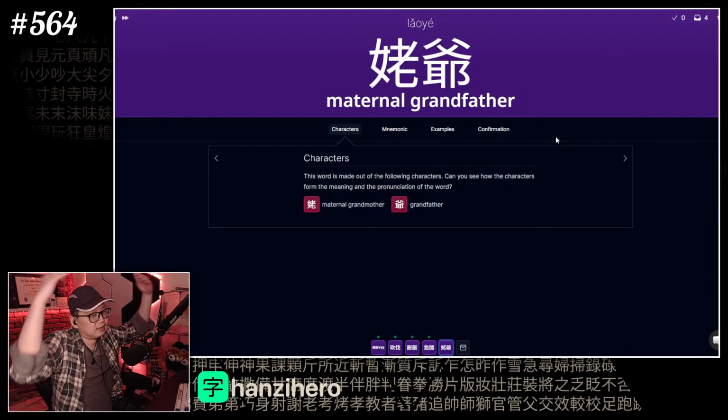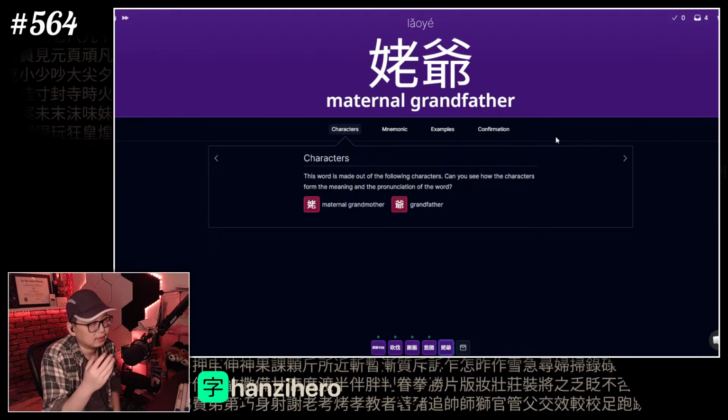It still makes sense the way it's written though, I think of something like a top of something. 老爷, oh no. Okay, hold up, Lao is grandmother, right, and then ye would be grandfather. So if you combine them together usually the ye takes over, so maternal grandfather, maternal grandmother, grandfather. Okay.